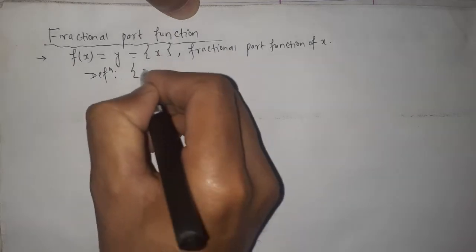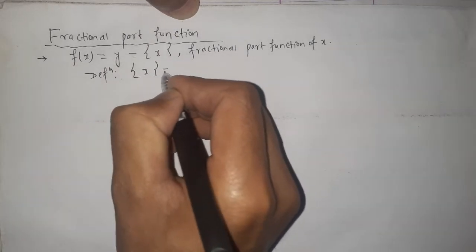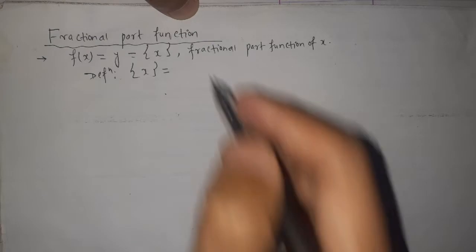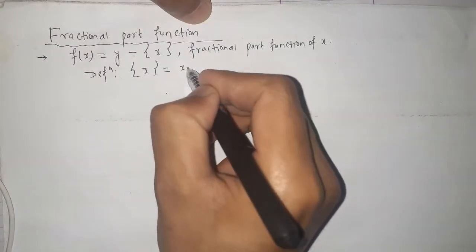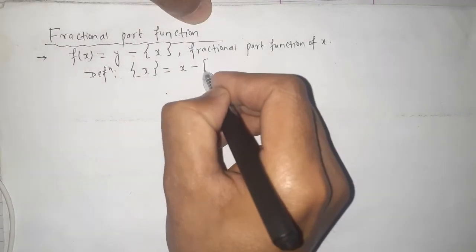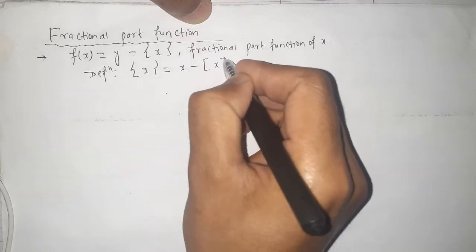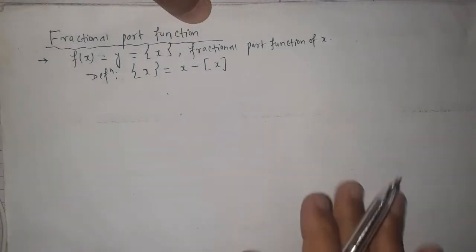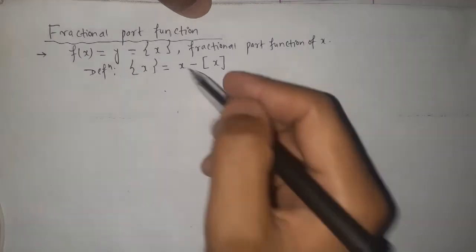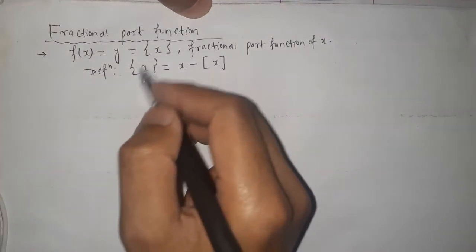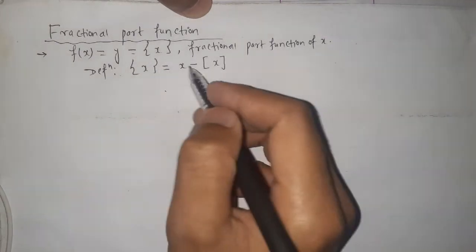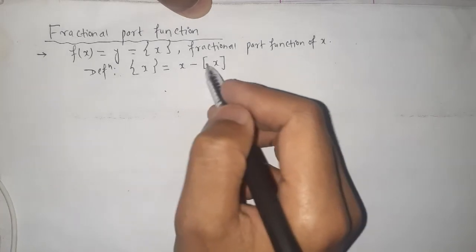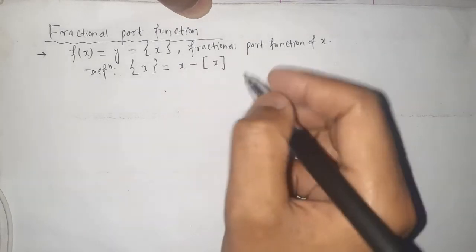The definition of the fractional part function is the value of the input x minus the greatest integer of the input. This expression defines the fractional part function of x. It is equal to x minus the greatest integer of x.